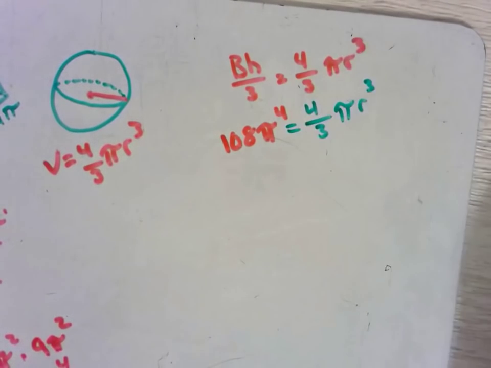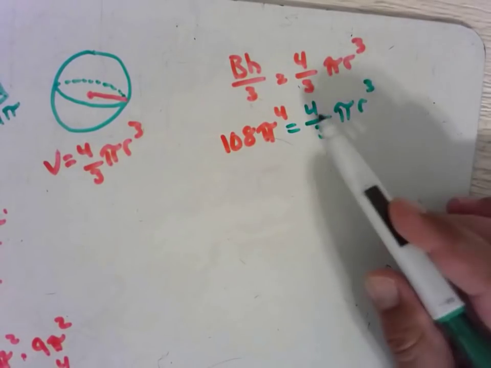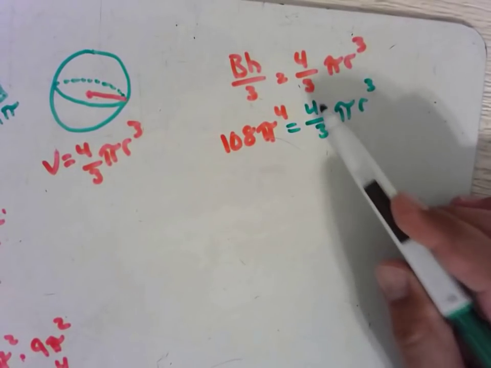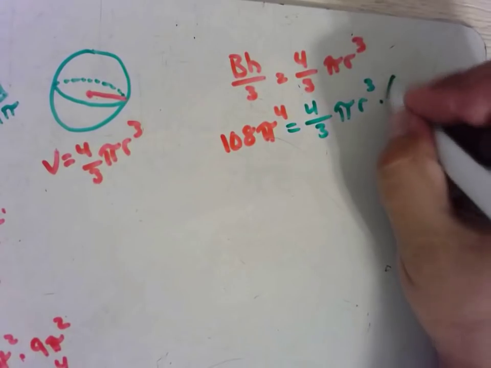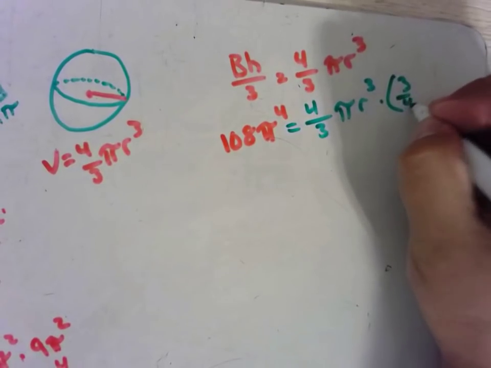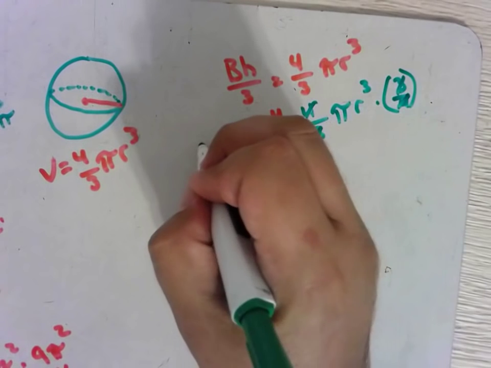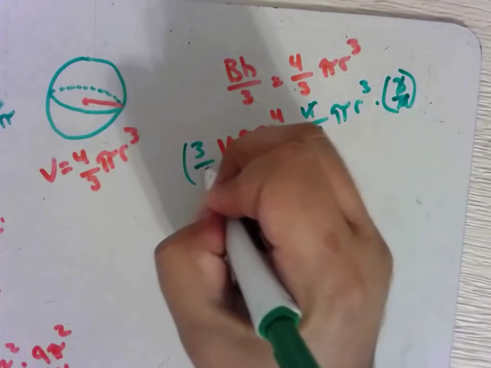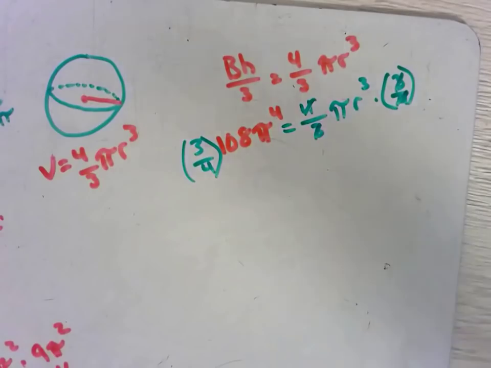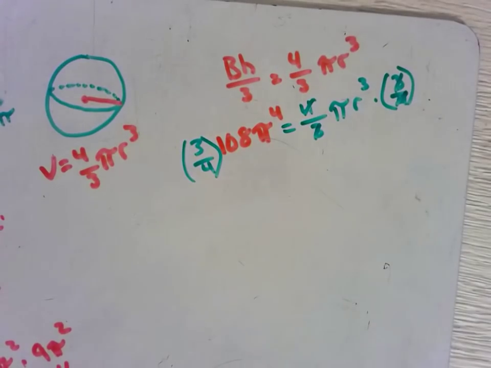Now I gotta get r by itself. Before I get r by itself, let's multiply by the reciprocal here. So I'm going to multiply by 3/4 so that these simplify. Multiply by 3/4. So I'm going to take 108, multiply it by 3, and then divide it by 4, because that's all a fraction is.